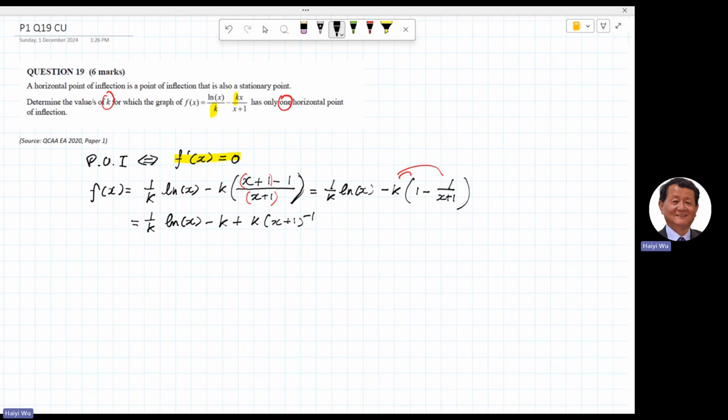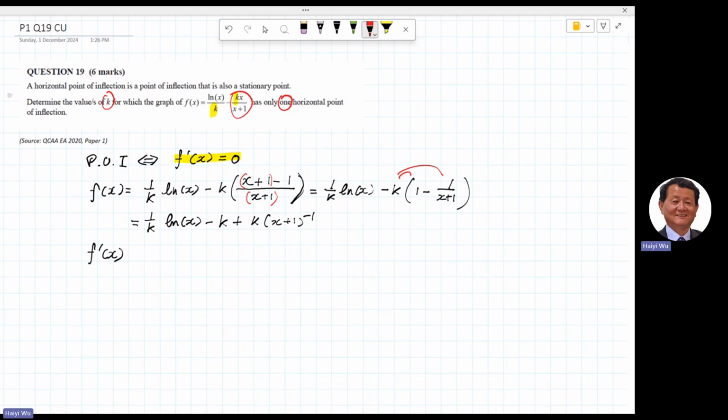So that's the simplified version of f(x), and we're going to do differentiation. Why do we need to do that? Because this K here is a constant, and the derivative function is very hard to do without simplifying.